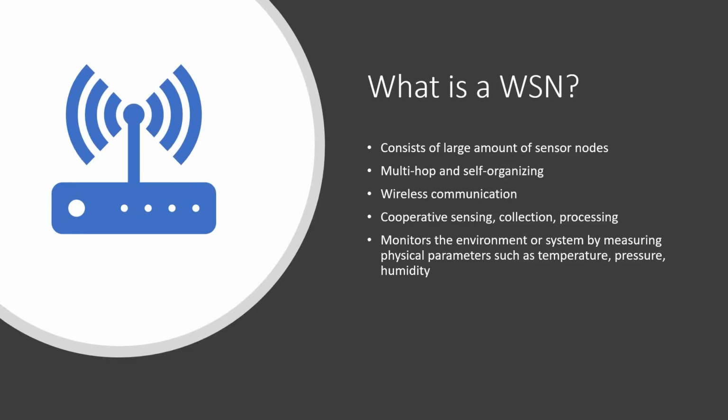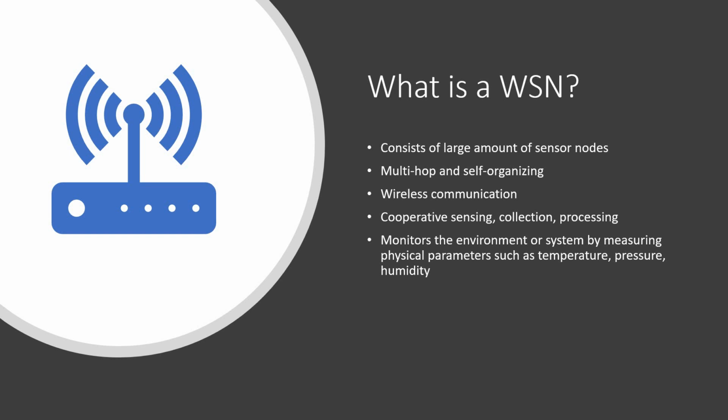As you have already seen, a wireless sensor network consists of a large number of sensor nodes, usually much more compared to other wireless networks, and the data has to communicate in multi-hop patterns. Usually the source and destination are not one hop apart, because in most cases the destination is the user or the base station.